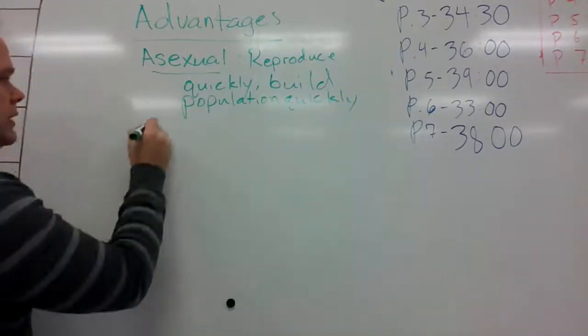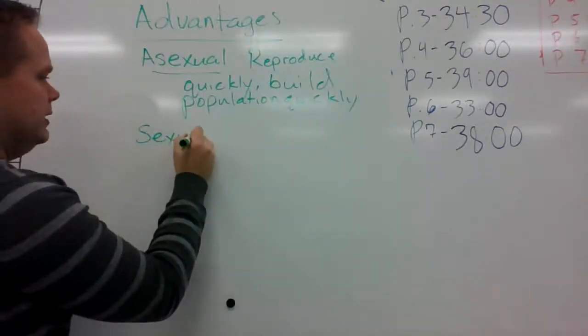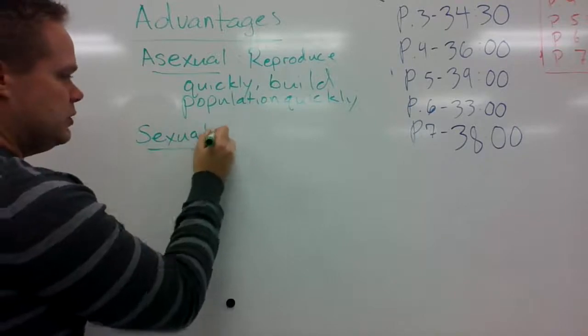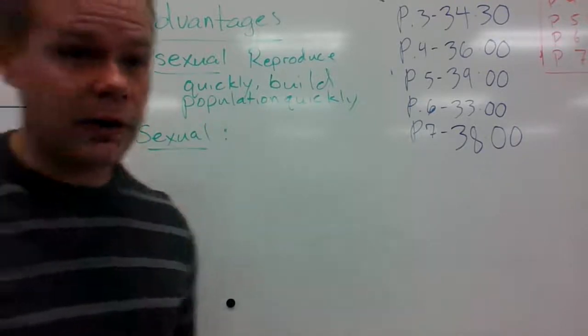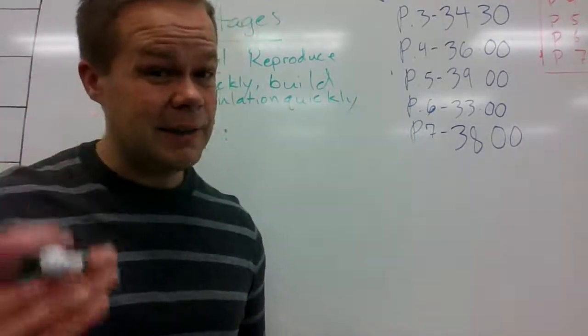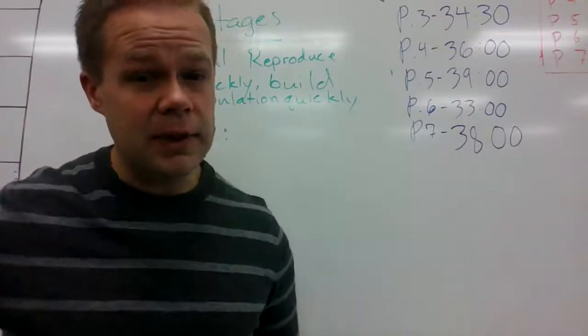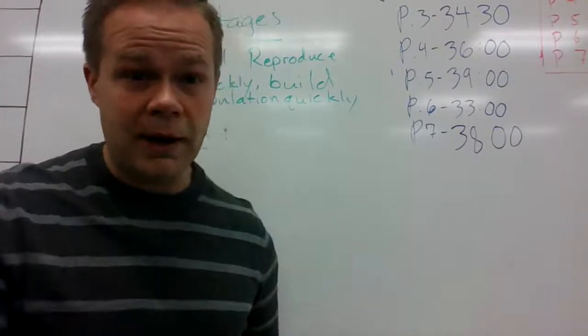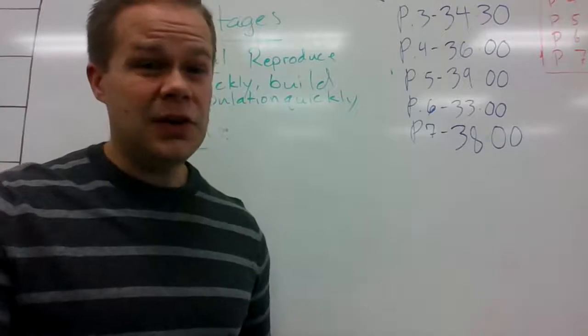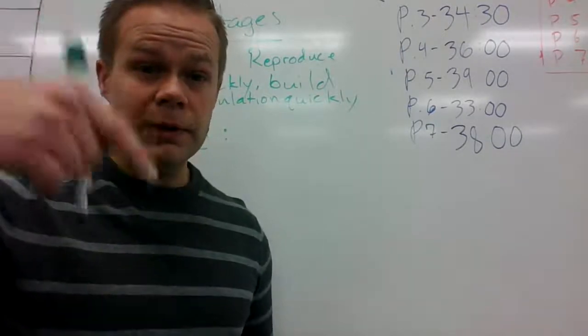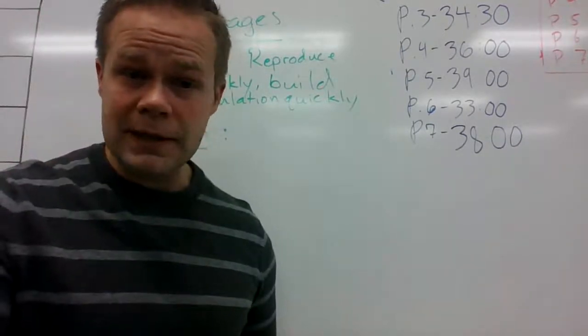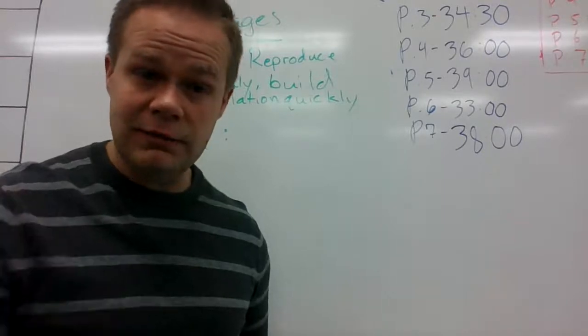Now sexual reproduction, on the other hand, is much slower. It takes a lot longer. They don't have that advantage. If something happens to the population, if a big population of humans were to get wiped out by a disease, it would take a long time for humans to rebuild the population. It's not nearly as fast, so that's a disadvantage.